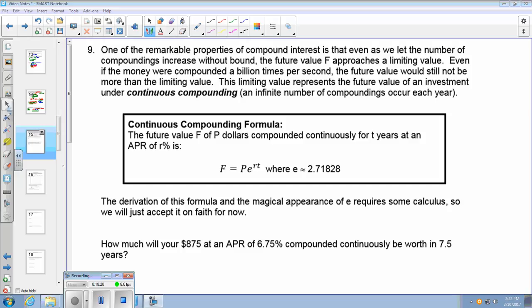Our formula for that has our future value, just like before, for P dollars, which is your principal or present value. And we've got e here, a constant approximately equal to 2.71828. There are more digits after that, but we're going to use just the first five. We've got our interest rate and the number of years both in our exponent.